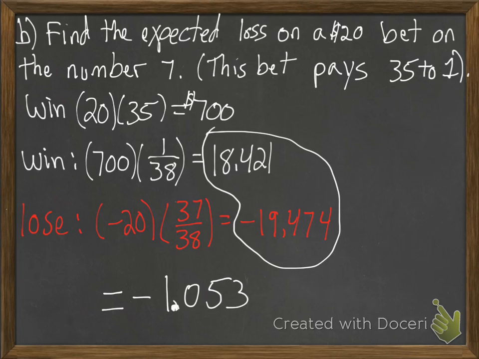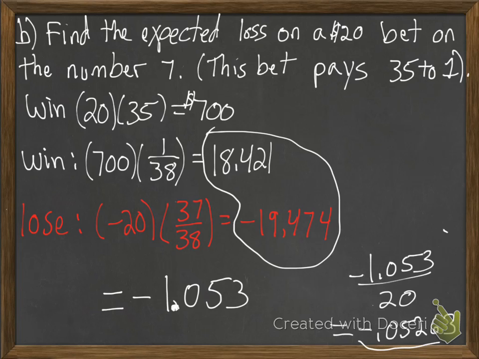Now, a few moments ago, I mentioned the idea of house edge. If you were to compute the house edge here, we would take that loss, 1.053, and divide it by 20. And when you do that, you'll get negative 0.05263, which, by the way, was the same edge on the other bet.